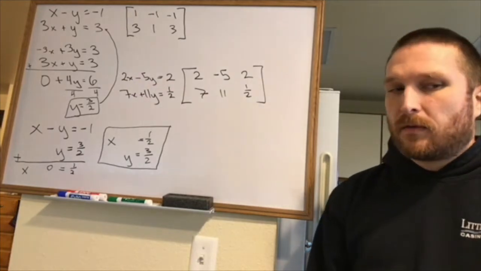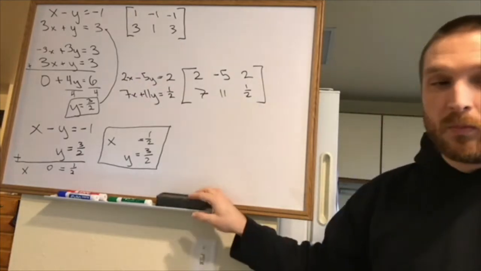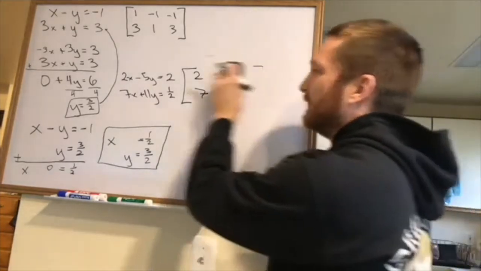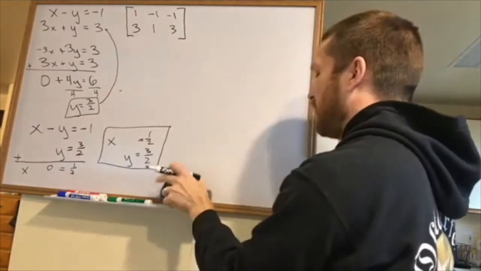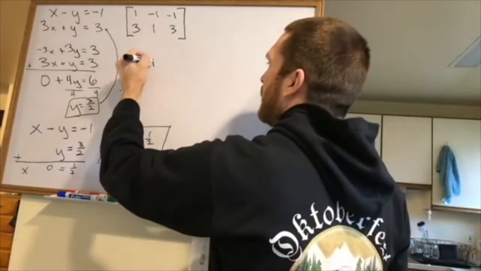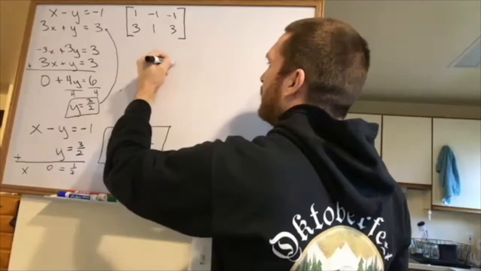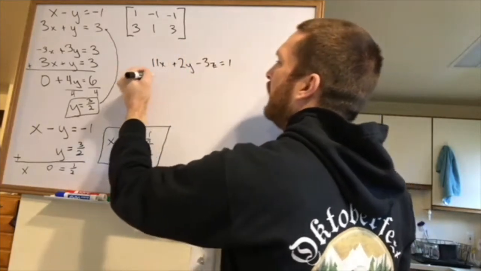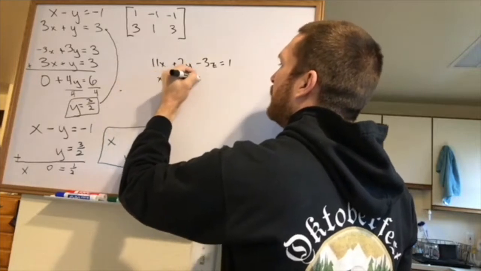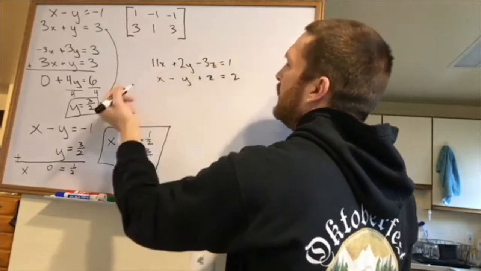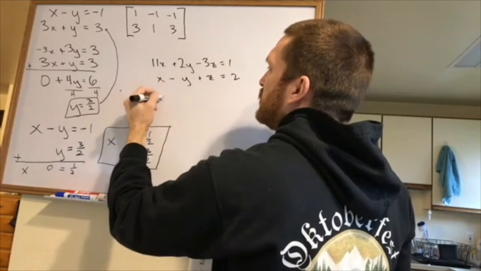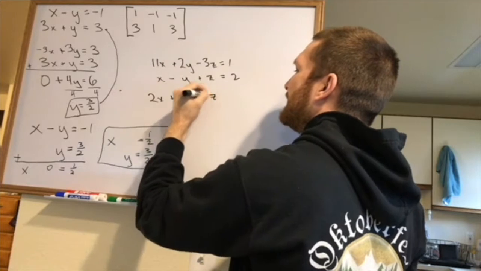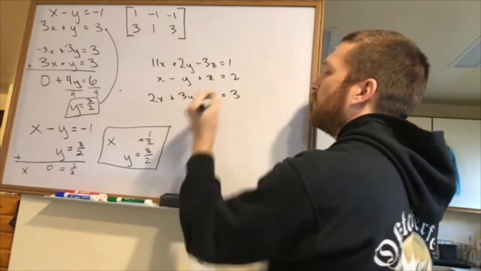Now, I'm going to go ahead and say, well, what if we had 3 equations and 3 unknowns? Just give me a second here, right? If I had 3 equations with 3 unknowns, I could waste my time going, I don't know, 11x plus 2y minus 3z equals 1, and x minus y plus z equals 2, and, oh, I don't know, 2x plus 3y minus 4z equals, how about 3?